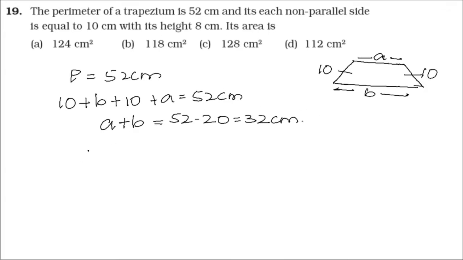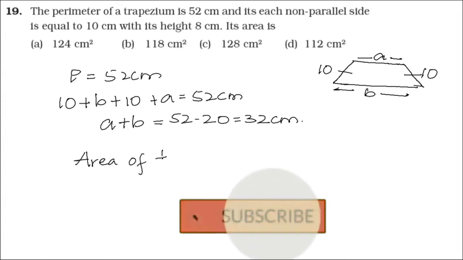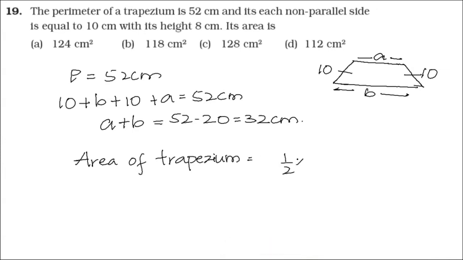We know the formula to find the area of a trapezium. Area of trapezium is given by half multiplied by the height multiplied by the sum of the parallel sides. We have got the sum of parallel sides here, 32 centimeters, and we are given the height.